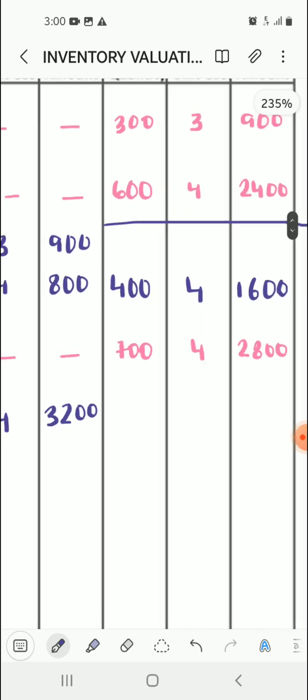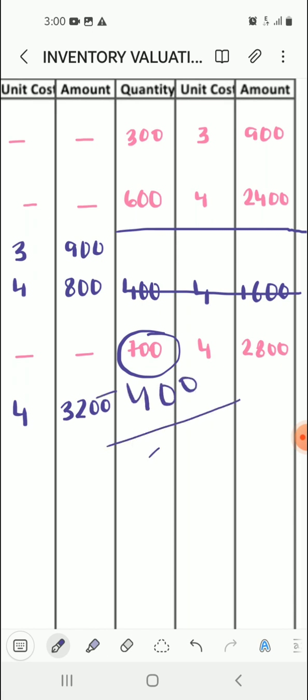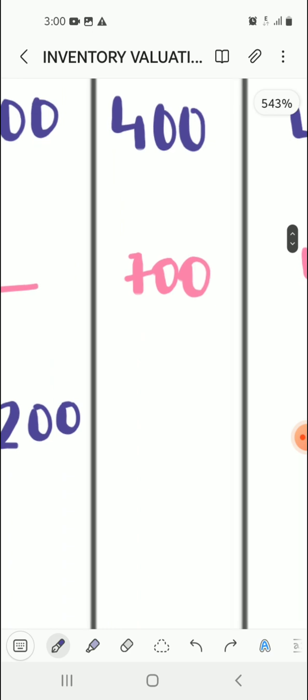Now see, the previous lot ends over here, and from here 400 is gone, that is 700 minus 400, 300 remains from this lot. So now the balance that we have will be 300.